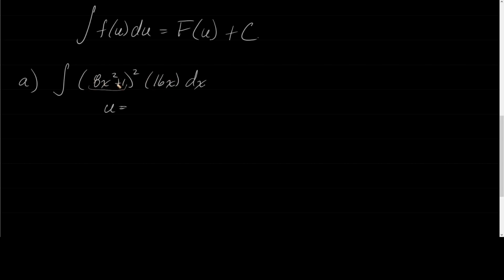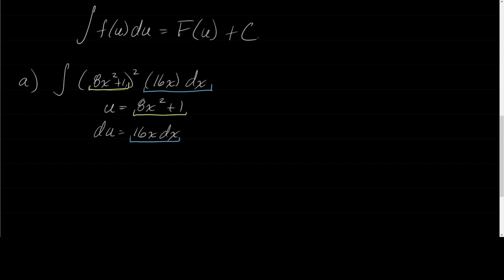So this part is what I'm going to let my u be. So I have u equals 8x squared plus 1. At that point, du would be the differential of this, so that would be 16x dx. Notice that we have this 16x dx here, and our u was this piece.